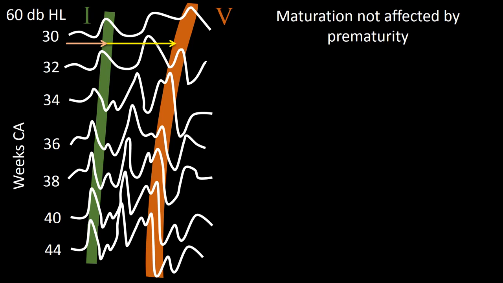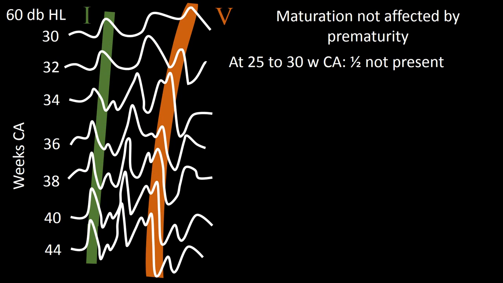Thus, the more immature central conduction leads to more delayed latency for wave 5 than it does for wave 1. And it also leads to narrowing of the interval between 1 and 5 from the 36 to the 40 weeks conceptual age.